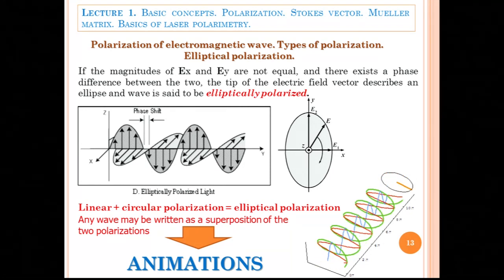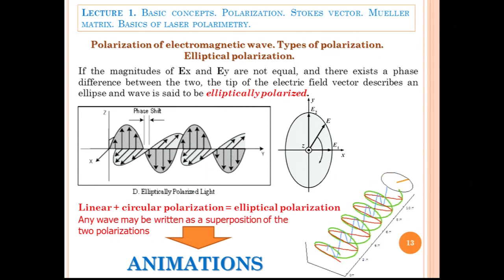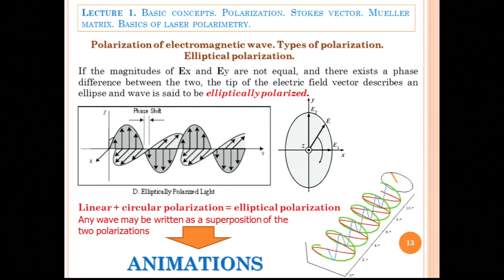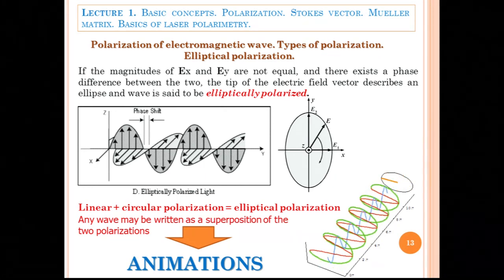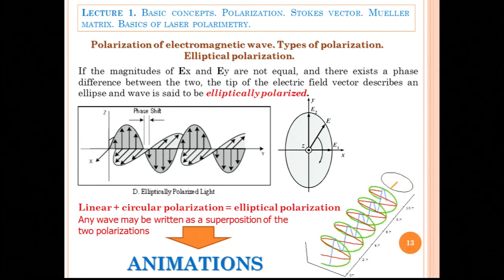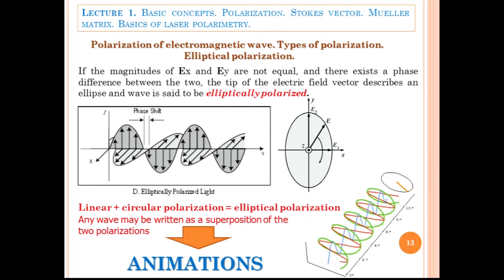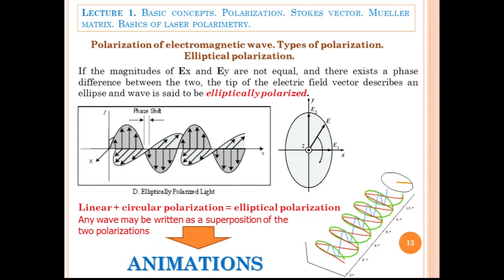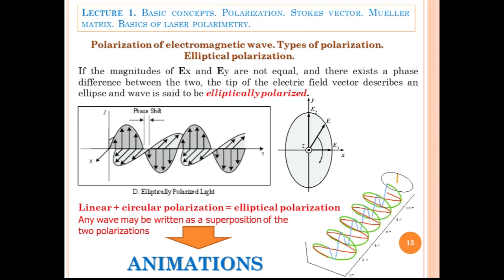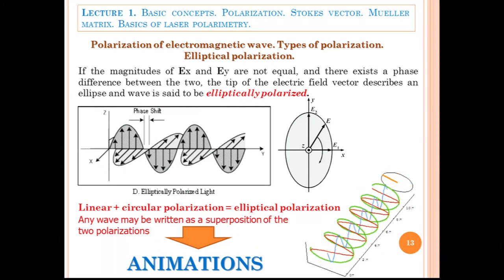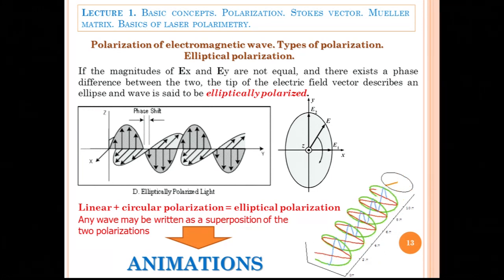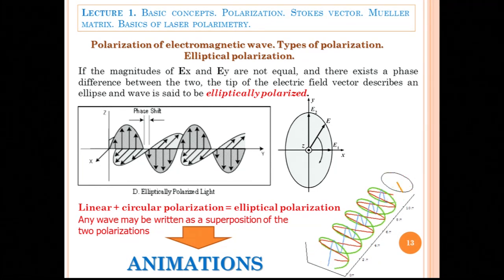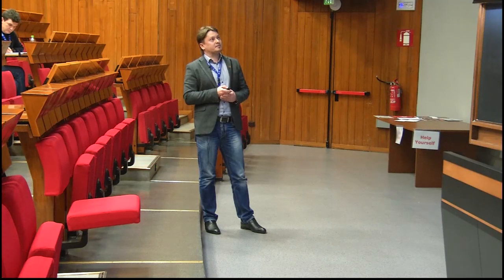Here you can see these two oscillations, these two projections. The amplitudes are not equal, and there is some phase shift, not 0 and not 90 degrees. And in this direction, we will see an ellipse.